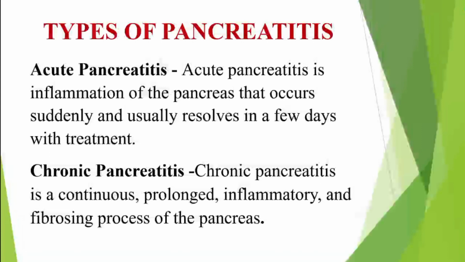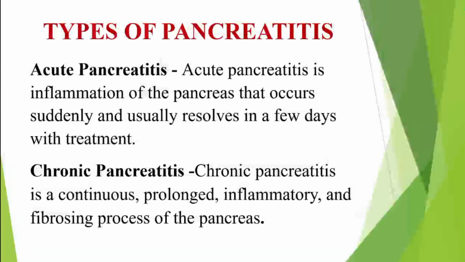So the chronic pancreatitis is opposite. It is a continuous, prolonged, inflammatory process, in which the pancreas becomes fibrosed or calcified. Means in chronic pancreatitis, when acute pancreatitis occurs suddenly or gradually, a patient is suffering from pancreatitis over a prolonged period of time.